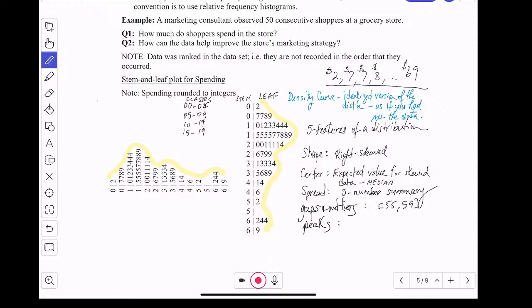And outliers, we would need to verify extreme values to see if they are, in statistical terms, statistical outliers. And peaks, we're going to identify 3 peaks and say that they represent possibly low, middle, and high income earners, but we'd have to investigate.